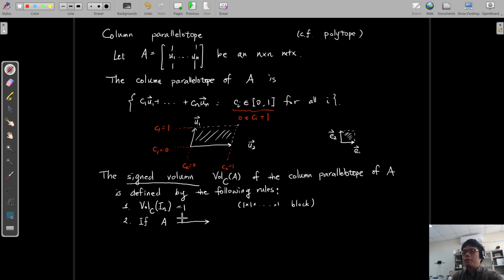If you swap row i and row j in A and obtain B, in this case, we will say the volume of B is equal to the negative of the volume of A. It's kind of not intuitive, but it's changing the orientation.